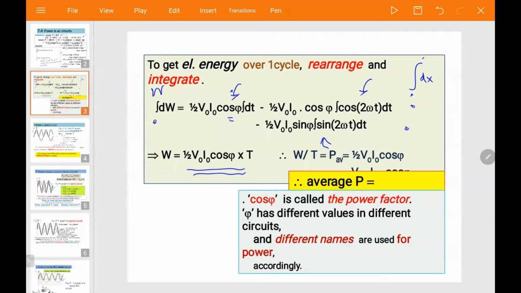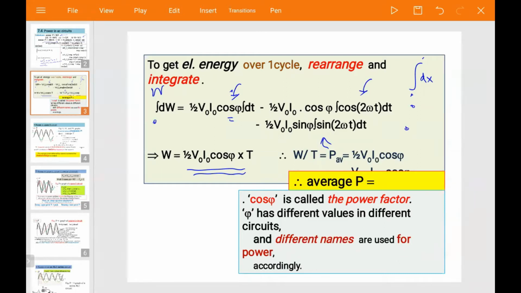These ones, I have V0 I0 cos phi, the integration of cos 2 omega t over one cycle. And the lower term, I have V0 I0 sin phi, sine 2 omega t integrated over one cycle. When we started about 5 minutes ago, I told you this.